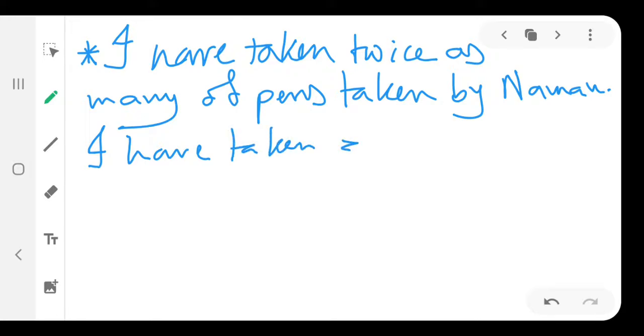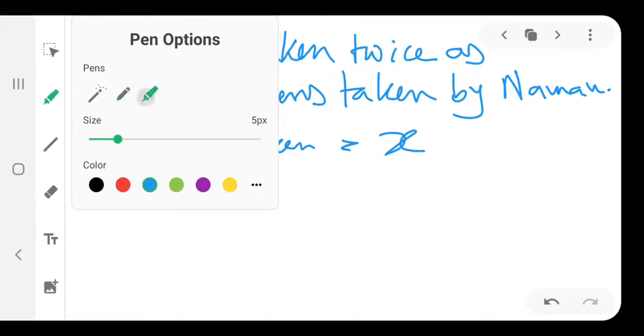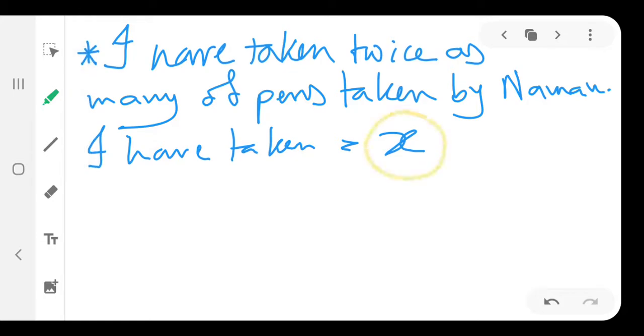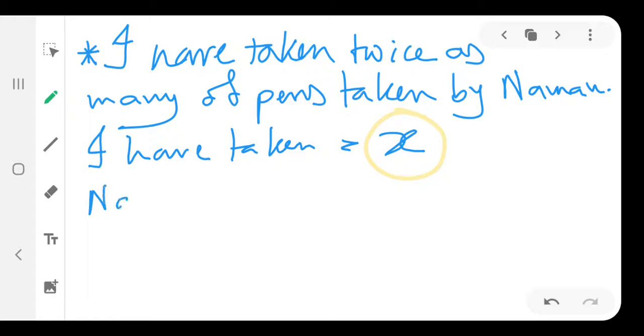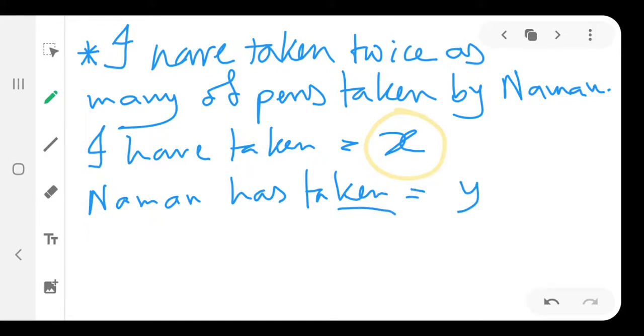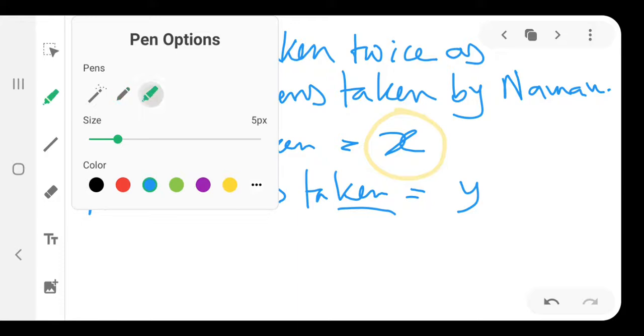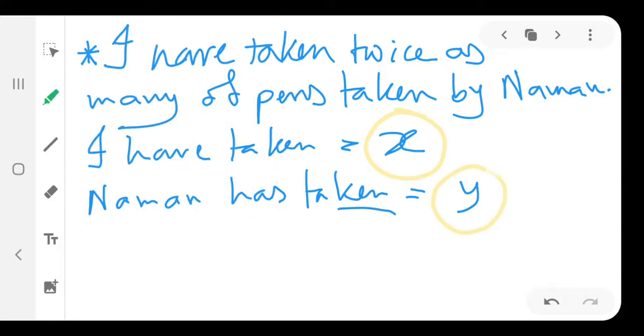So let's say I replace this thing, what I have taken. Instead of this whole thing, I will write just one alphabet, that is X. And for what Naman has taken, instead of this whole sentence, I will write Y. So what X represents and what Y represents?